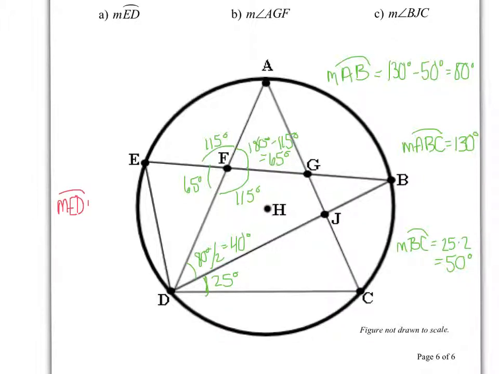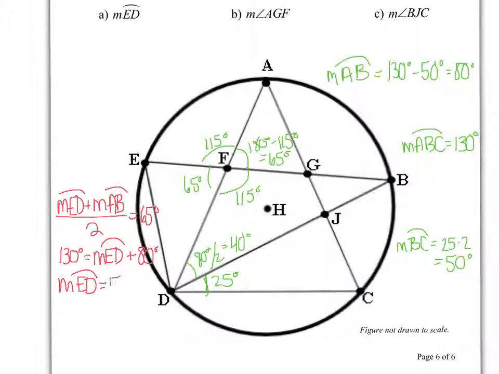So the measure of arc ED plus the measure of arc AB, divided by 2, is going to equal 65 degrees. 65 times 2 is 130. That's going to equal the measure of arc ED, which is what I'm trying to find, plus the measure of arc AB, which is 80 degrees. 130 minus 80 is 50, so the measure of arc ED is 50 degrees.